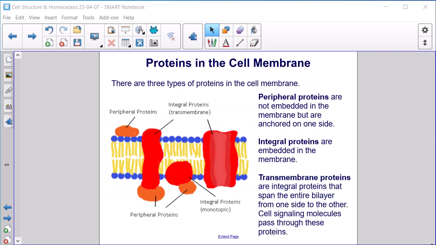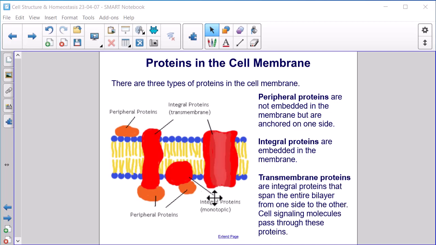Proteins in the cell membrane. There are 3 types of proteins in the cell membrane. Peripheral proteins, like you see labeled in orange here, are not embedded in the membrane, but are anchored on one side. Integral proteins are embedded in the membrane.